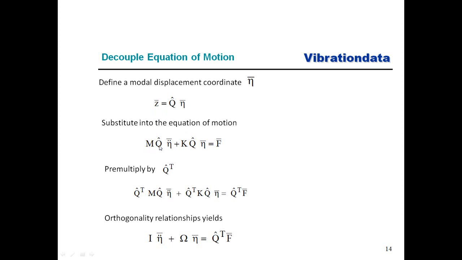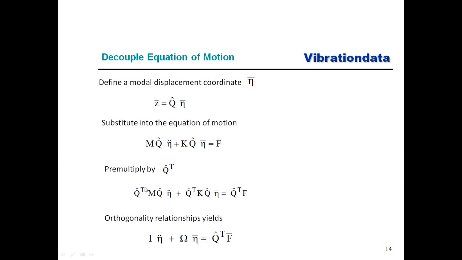So we have the mass here times the eigenvector matrix times the modal acceleration vector plus our stiffness times the eigenvector matrix times the modal displacement vector. And we're going to reintroduce our forcing function term here. Now we're going to pre-multiply through by the transpose of our eigenvector matrix, our mass normalized eigenvector matrix.